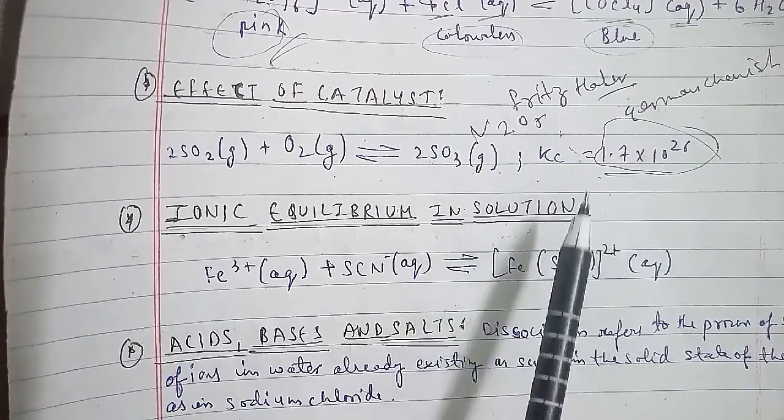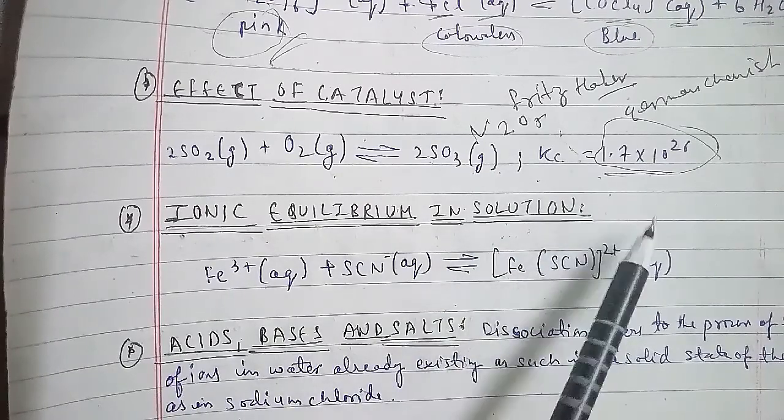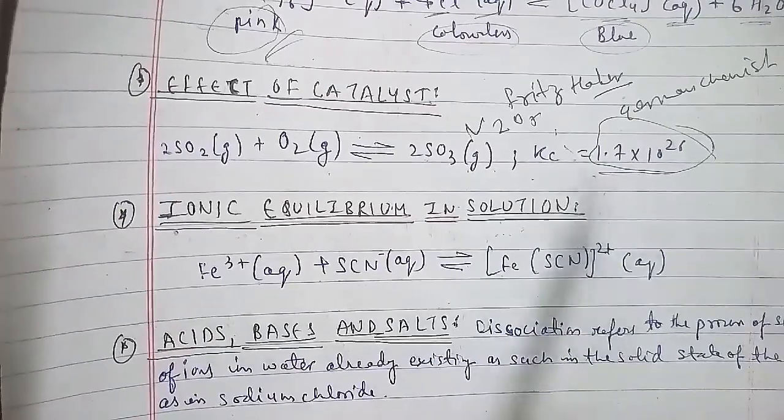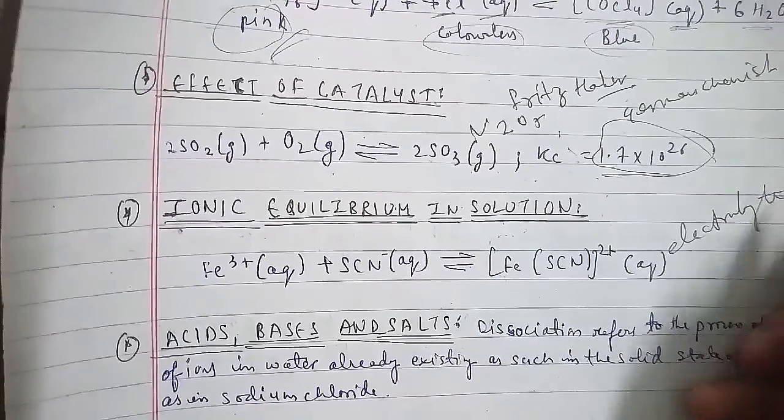And it should be noted that for a weak electrolyte, equilibrium is established between the ions and the unionized molecules, and this type of equilibrium involving ions in aqueous solution is called ionic equilibrium.